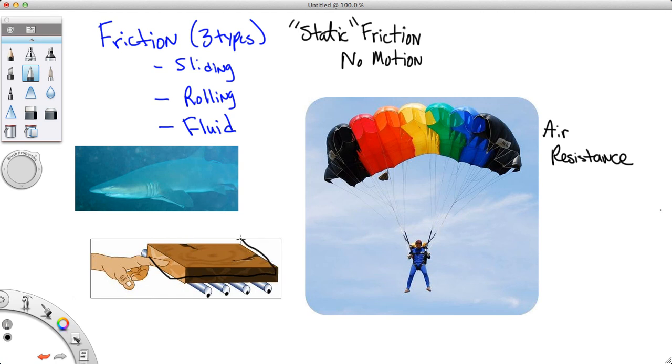The whole block is a much greater surface area than those four little tiny dots. So when you're moving large furniture, it's much easier to put it on something that rolls than it is to slide it across the ground. So rolling friction. Those are the three types of friction that we're going to spend most of our time dealing with: sliding, rolling, and fluid friction.